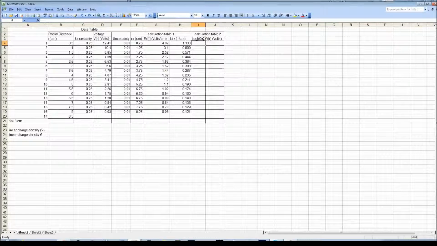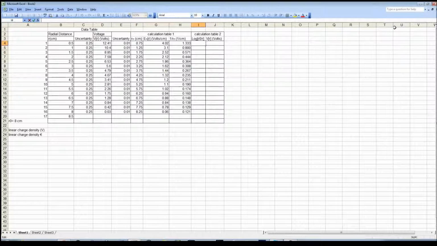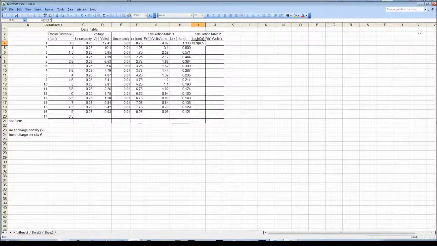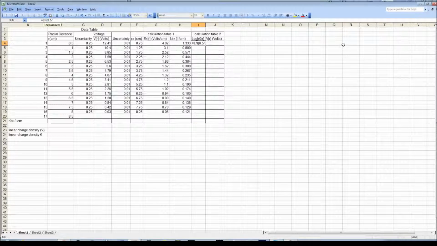And now we need to take the natural log of R naught over R, which in Excel will be equals Ln 8.5 is our R naught. That's the distance from the central wire to the outer edge of the ring divided by our distance, which is B4.